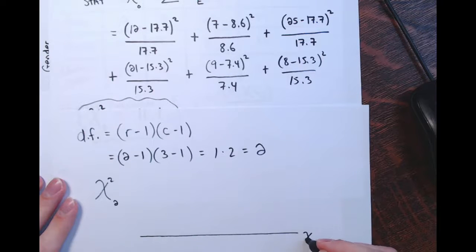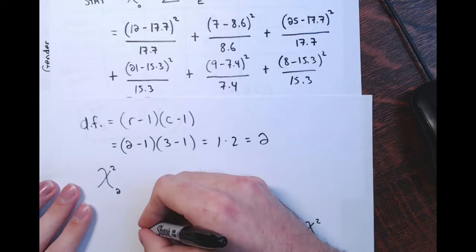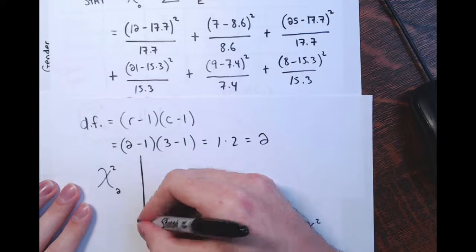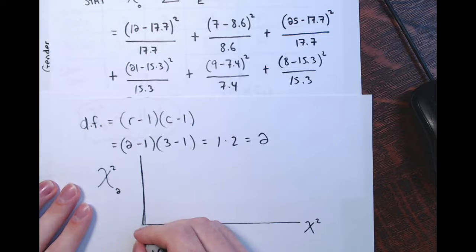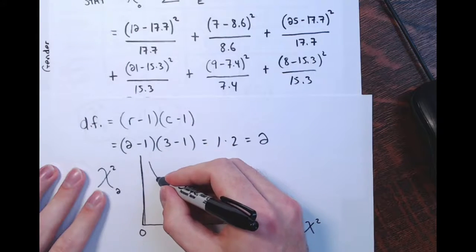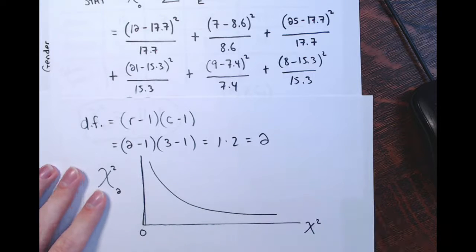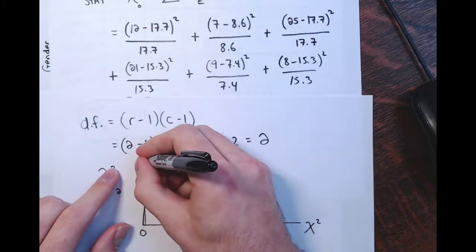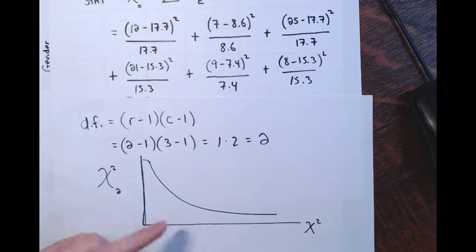Again, your horizontal axis is different values of this chi-squared. With 2 degrees of freedom, it starts at 0, never goes negative, and it's skewed right. It's bulky on the left and gets low on the right.